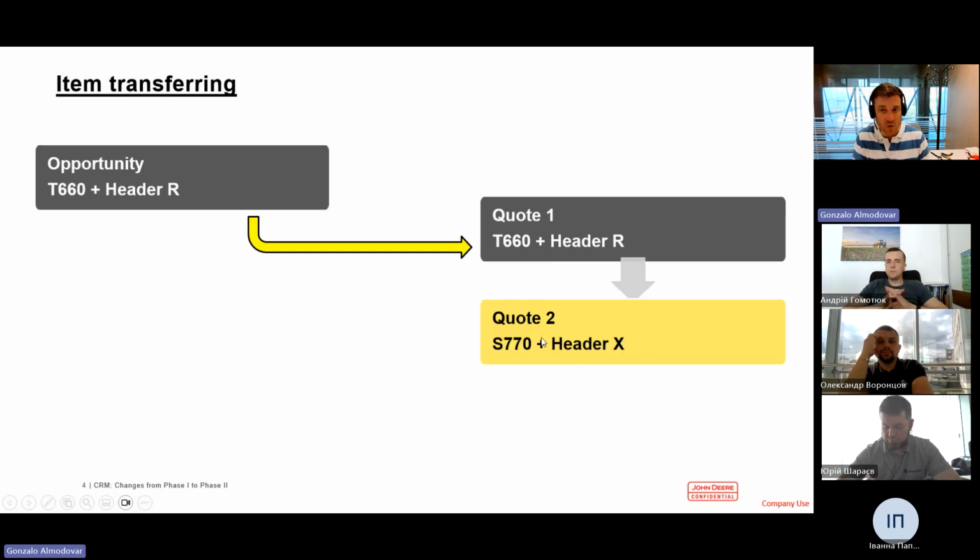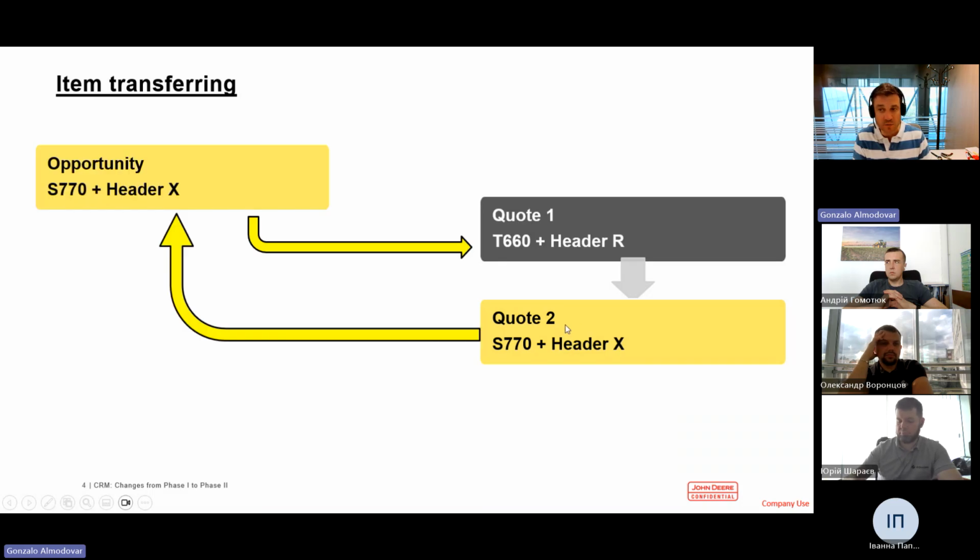So I can create another quote and I have to define which is the primary, this one or maybe that one. If this is the primary quote, then automatically it will be changing the machines or the items for the opportunity. So the Power BI reports will be reflecting that I'm planning to sell an S7.